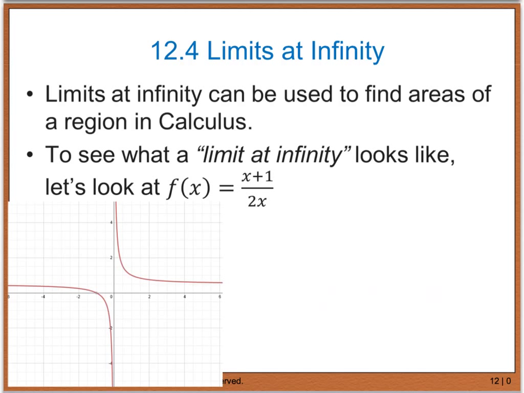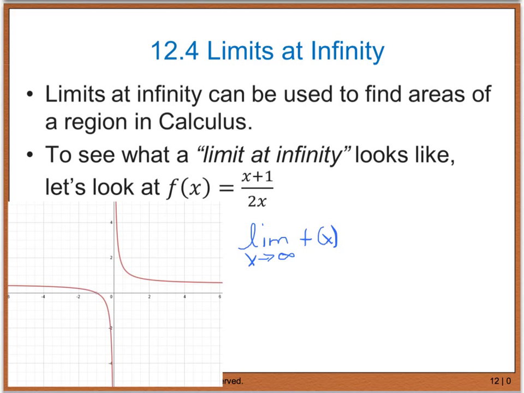Now, to see what a limit at infinity looks like, let's look at the example where f of x is equal to the quantity of x plus 1 divided by 2x. With infinity, we're going to look at the limit as x approaches positive infinity of f of x.